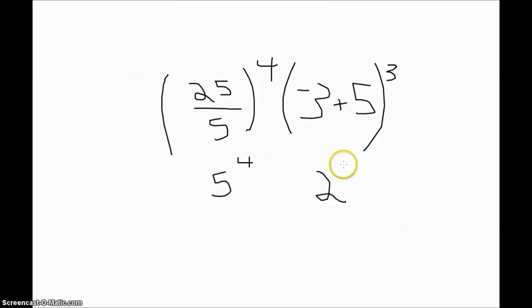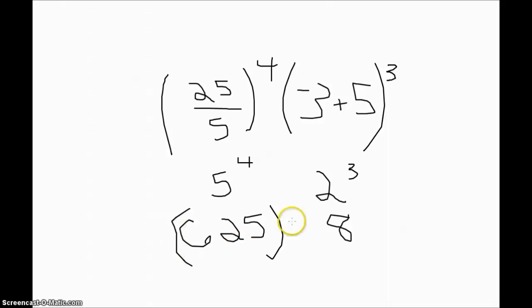And we bring down the exponents. 5 to the fourth power is 625. 2 cubed, again, is 8. And since these are together, we're multiplying these. And 625 times 8 is 5,000.